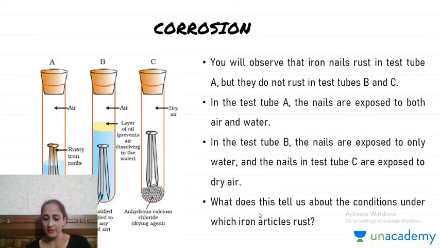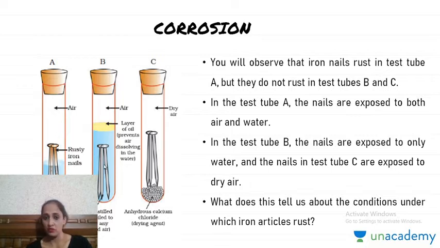So what do we see? In test tube A, the iron nails will form a rust layer on them, because to corrode, iron or a metal needs oxygen and water molecules to form the oxides.